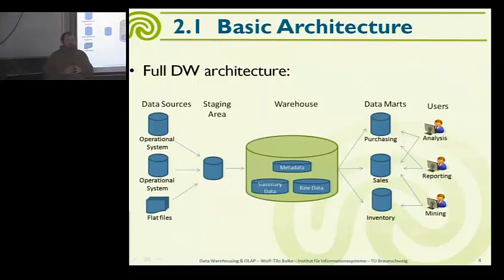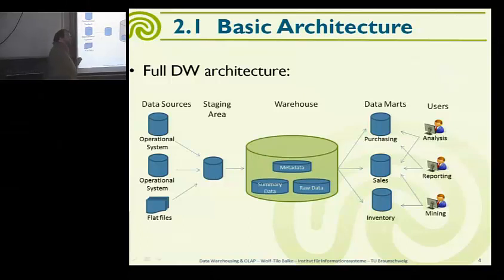So we had a short glimpse of the ETL process last time. The idea is that the staging area is where you prepare the data. This is not done on the base systems because it would put load on them. You don't want the analytical queries of the data warehouse running on the base system, right?